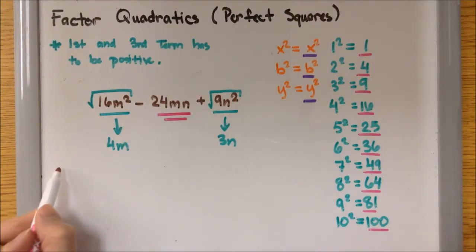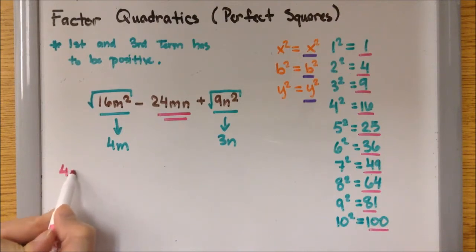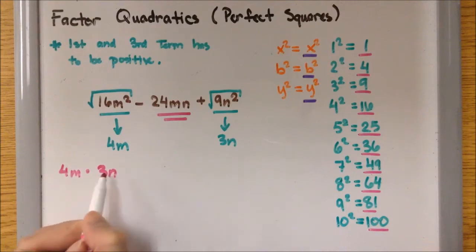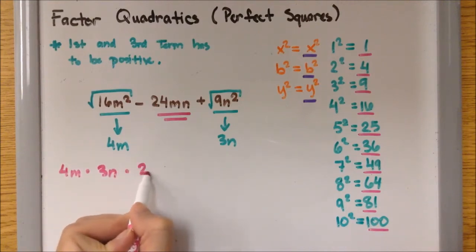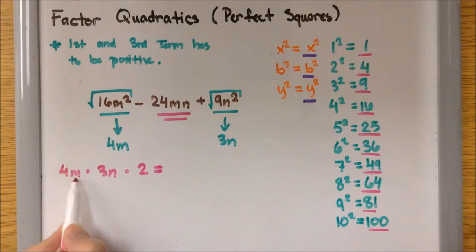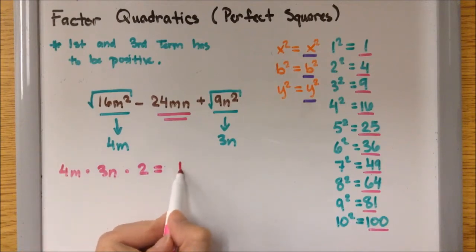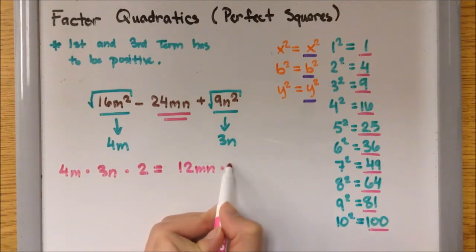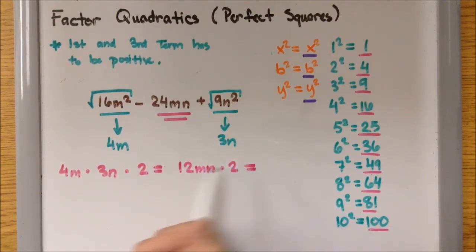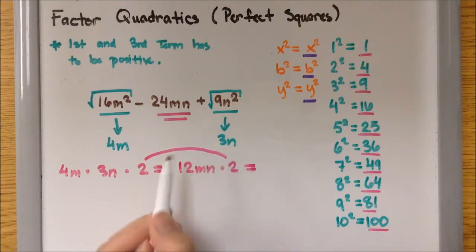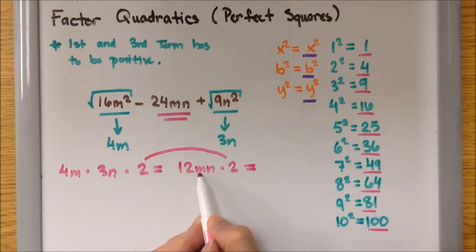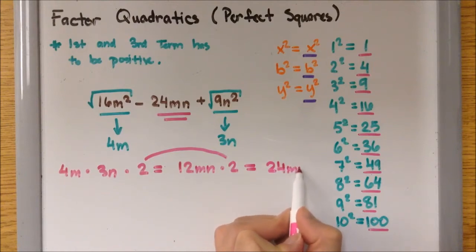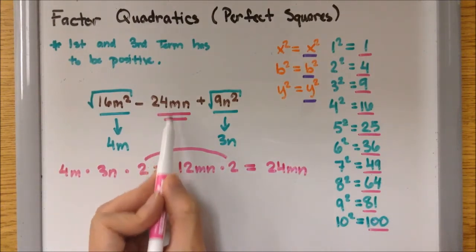So the first term, 4m times 3n times 2. I'm going to do 4m times 3n, which will be 12mn, then times 2. This 2 is from over there. So 12mn times 2 will be 24mn, which does indeed match.